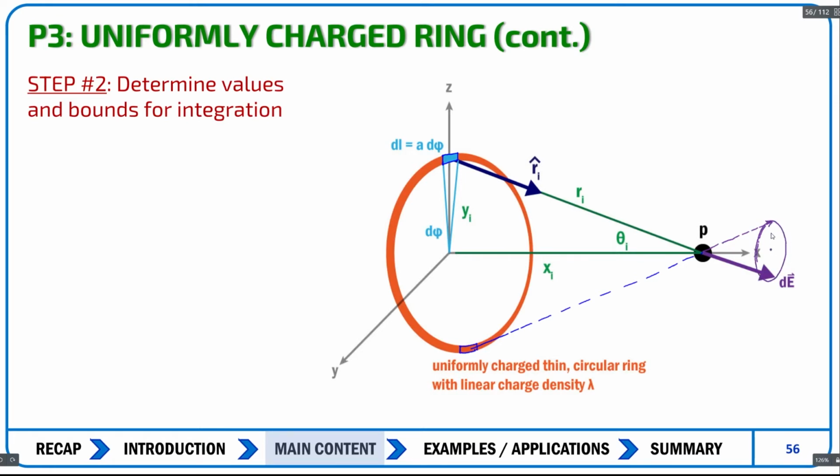And so on the yz plane, everything should cancel out. So that means any point on here will cancel out a point over here, and so forth.